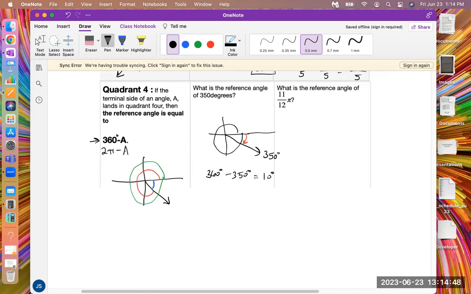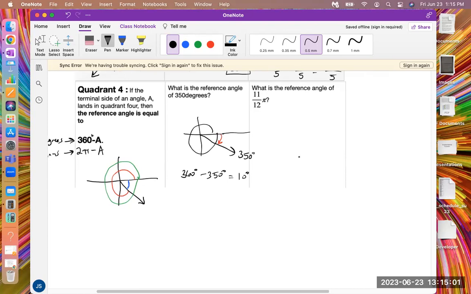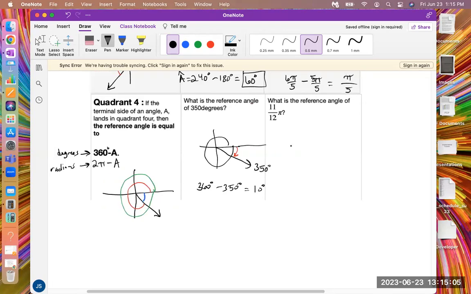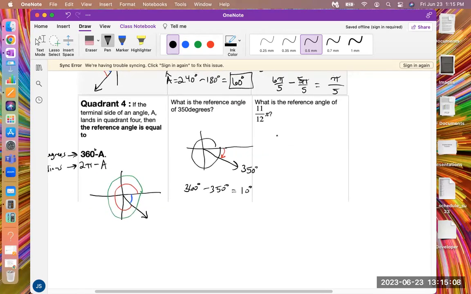So the formula for radians would be 2 pi minus the angle. So we need to do 2 pi minus this 11 pi over 12.